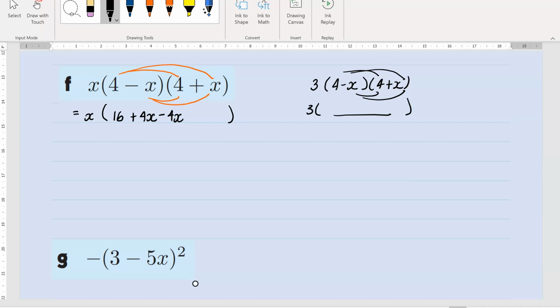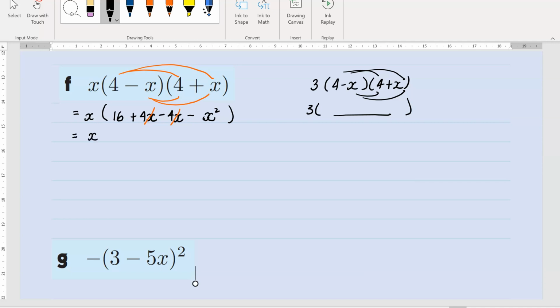Negative times a positive is a negative. X times x is x squared. Okay, and why we should recognize this, it's difference of two squares. Plus 4 take 4, they cancel, and you're just left with the 16 minus x squared. So you could have jumped straight to that if you had recognized that. If you hadn't, it's okay, you've got it.